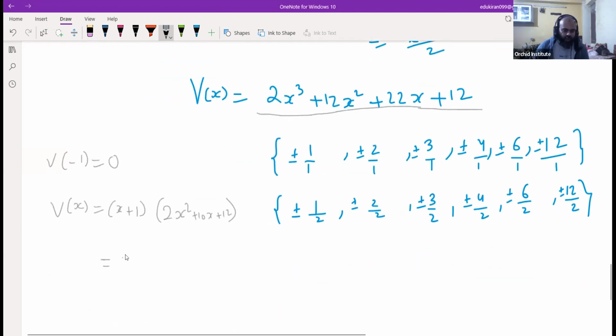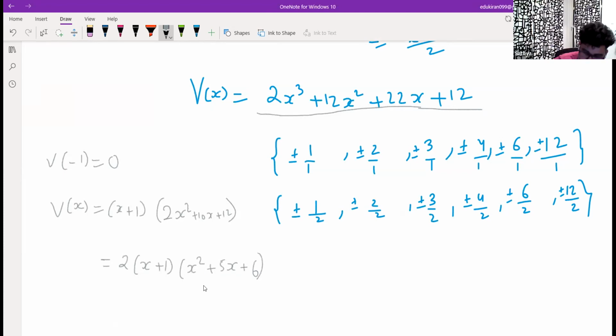Can you take 2 common first, and this is x squared plus 5x plus 6? Can you factorize it further? Should I factorize to find the factors of x squared plus 5x? Yeah. Okay.